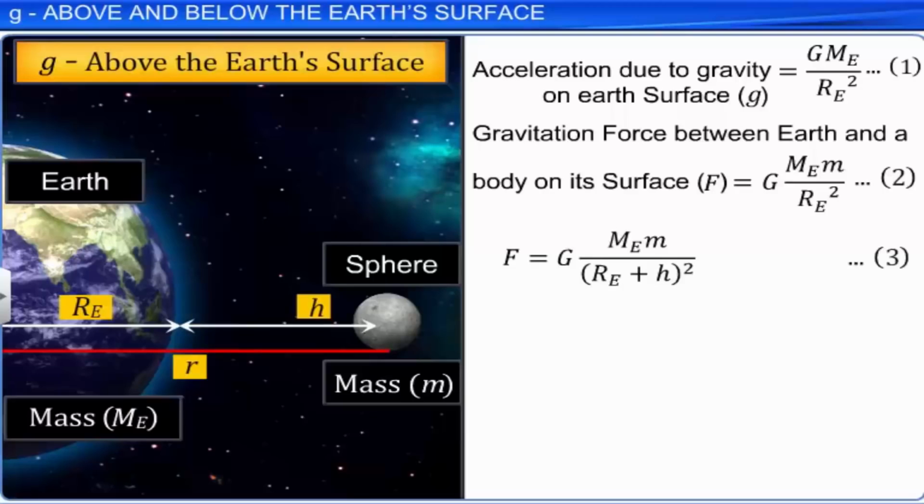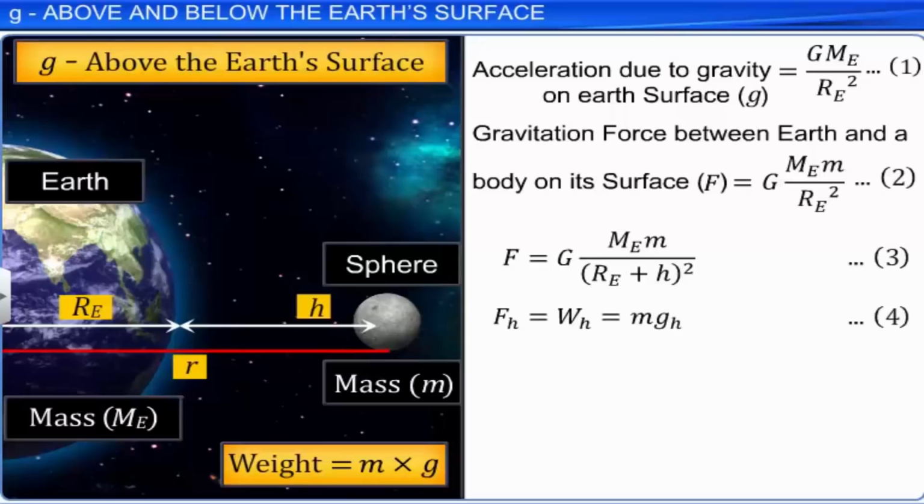Since the weight of the body is determined by the product of its mass and acceleration due to gravity at a given height, the weight of the body at a given height is expressed as in equation 4. Fh equal to Wh, which is equal to m into Gh.